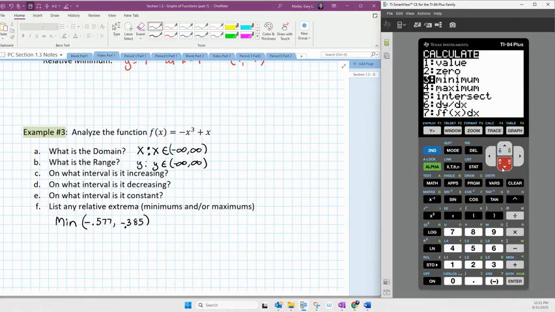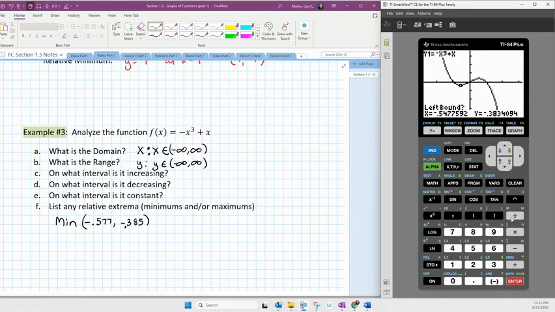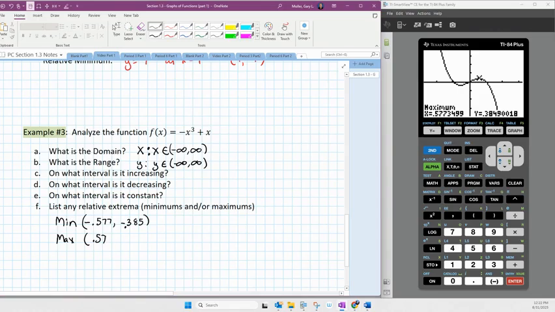Calculate the maximum. Scroll over a little, hit enter, scroll over or type a number. And the maximum is at 0.577. Looks like this thing is symmetric. 0.385 positive.